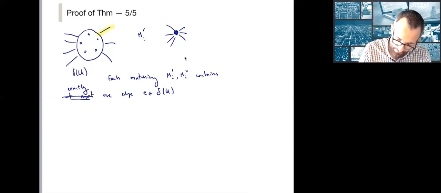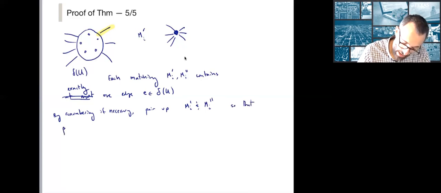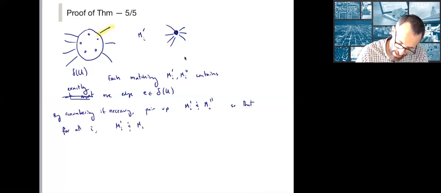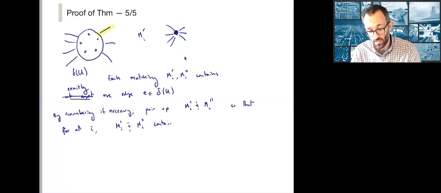So in other words, by renumbering, if necessary, we can pair up Mi dash and Mi double dash so that for all i, each Mi dash and each Mi double dash contains one edge of delta of U, and I can renumber them so that they contain the same edge.